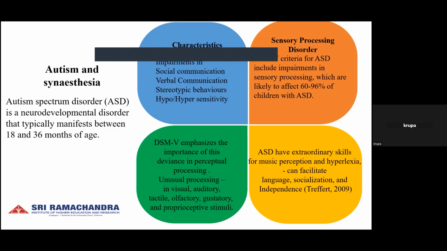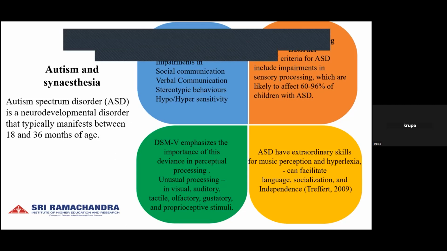So what is autism all about? Autism is a neurodevelopmental disorder, and it typically manifests between 18 to 36 months. What are the characteristics of an individual with autism? Initially, three symptoms were reported, called the cardinal features of autism: social communication, verbal communication, and stereotypic or repetitive behaviors.